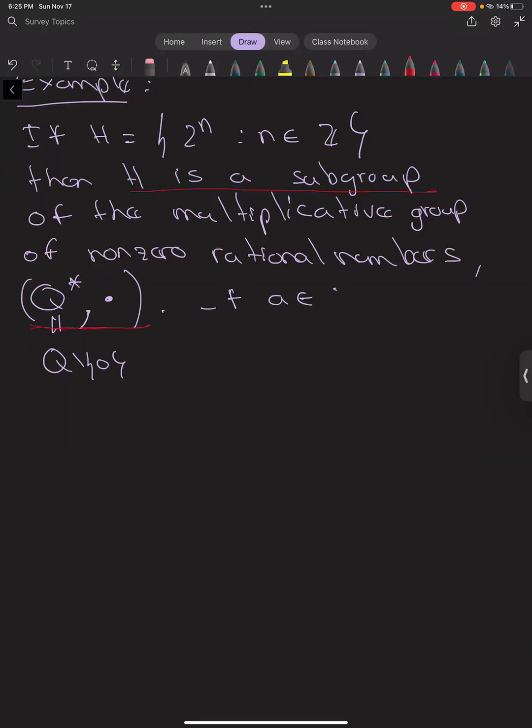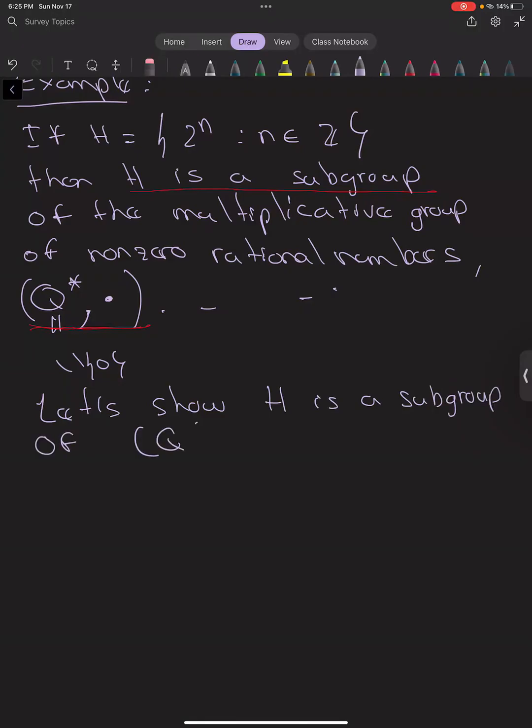Okay, so let's clarify that. Something is wrong with my eraser. Let's show H is a subgroup of Q star with multiplication.